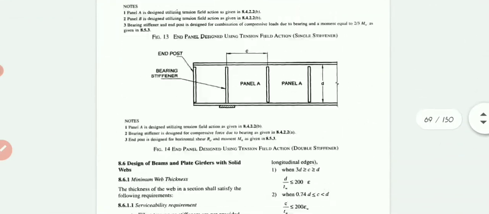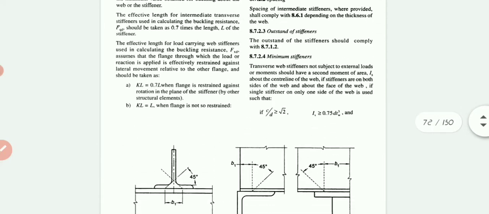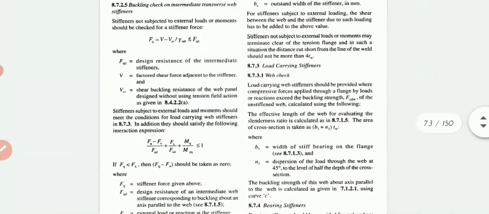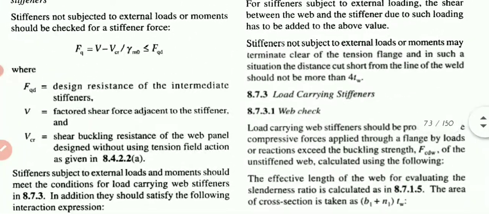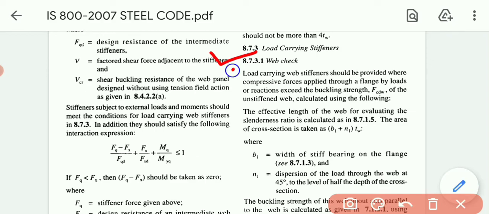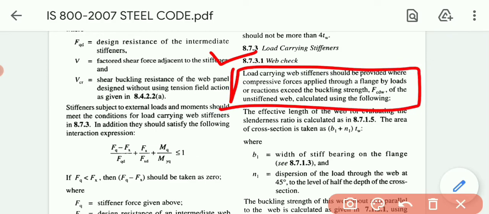Page number 67. Yeah, the criteria is over here. A load carrying web stiffener should be provided where the compressive forces applied through a flange by loads or reactions exceed the buckling strength FCDW, and the formula of FCDW is given over here, B1 plus N1 whole multiplied by TW.